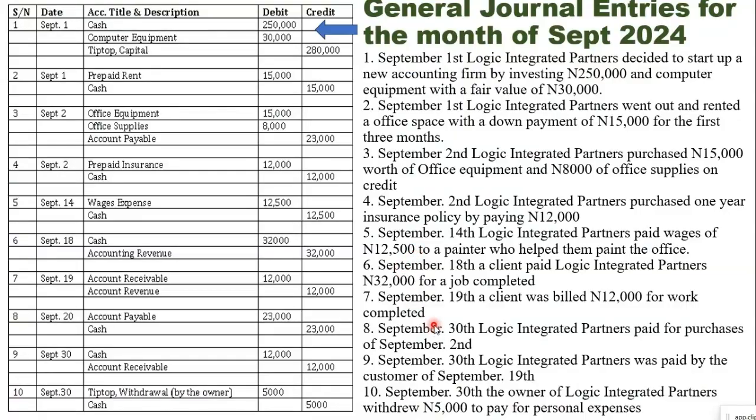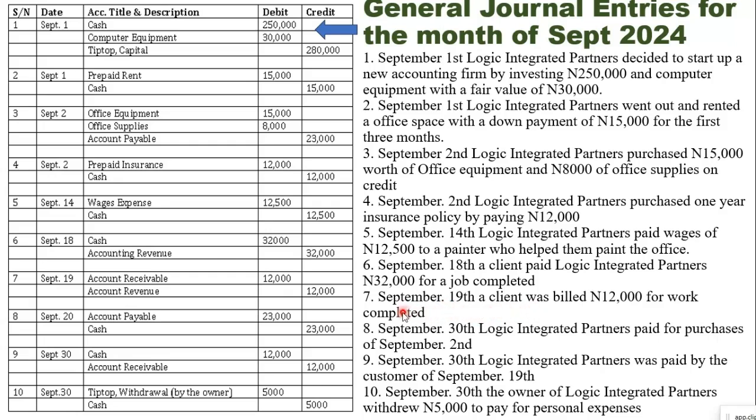Number 7, September 19, a client was billed 12,000 naira for a job completed. So you can see that this transaction now is a bill.